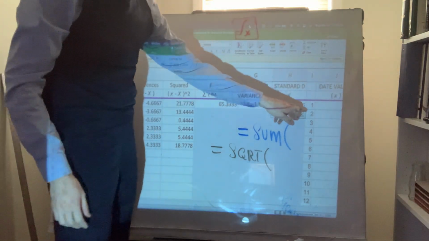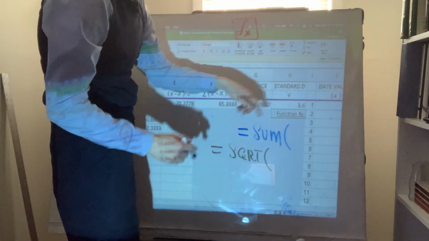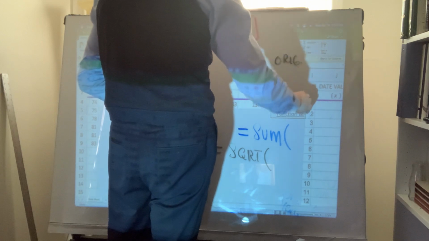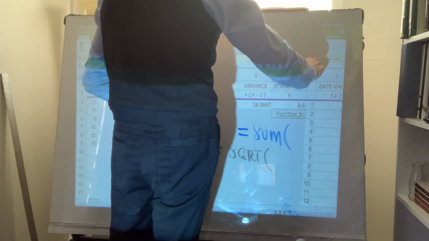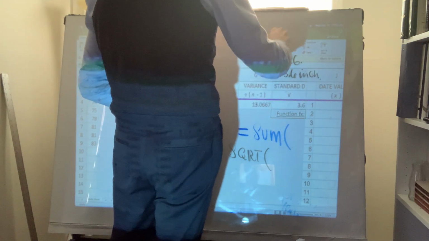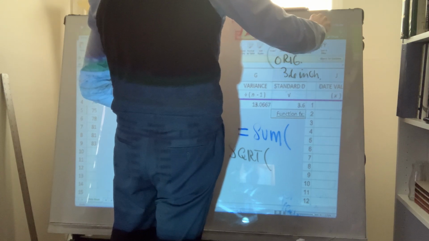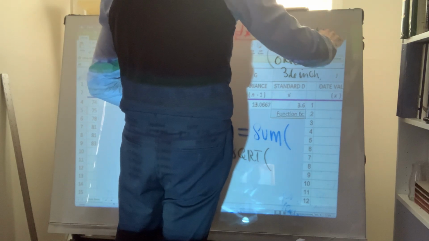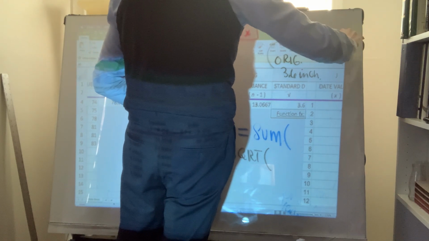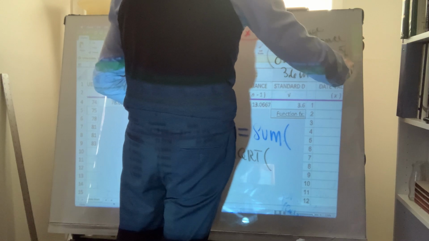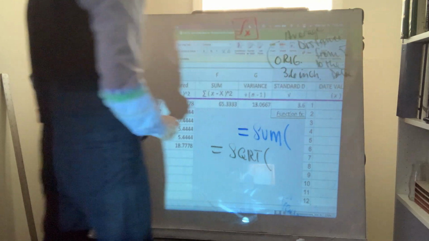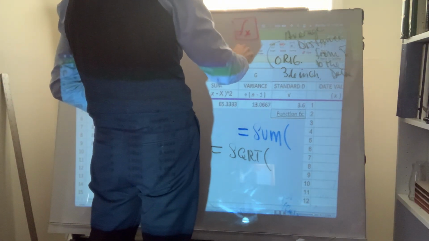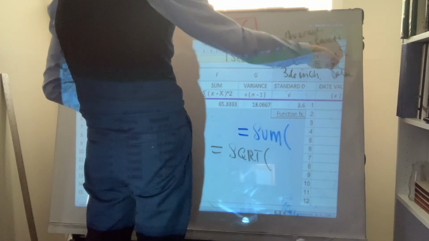It's 3.6. The standard deviation is in the original units, which means that this is 3.6 inches, more or less the average distance, if you will, from the mean to the data. One standard deviation, if you will, is 3.6 inches.